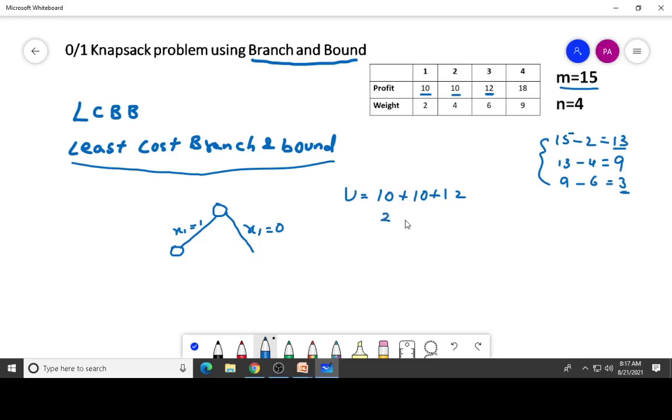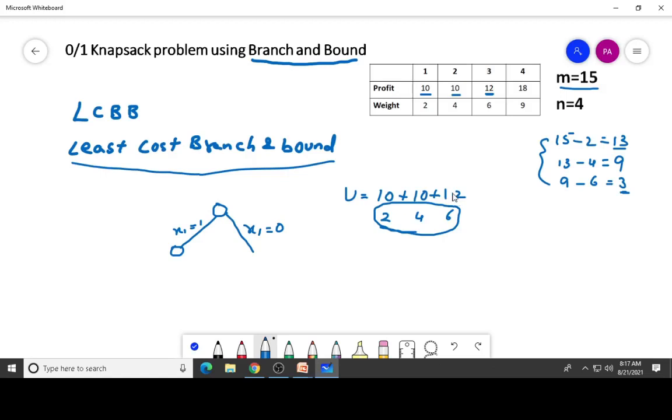Weight is 2, 4, 6. The total weight is 6 plus 4 plus 2, which is 12. So we can add all 3 items. So what is 10 plus 10? 20. 20 plus 12 is 32.